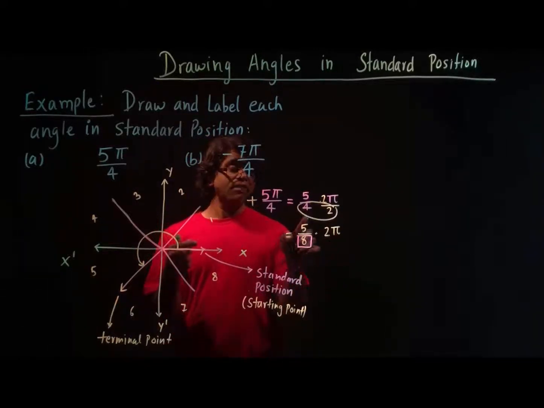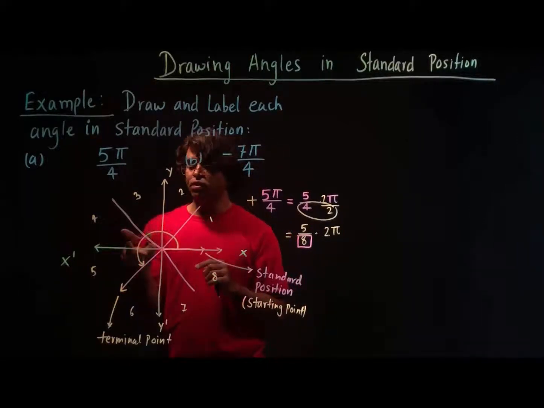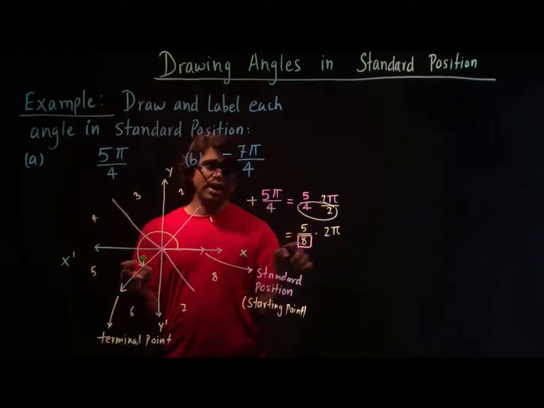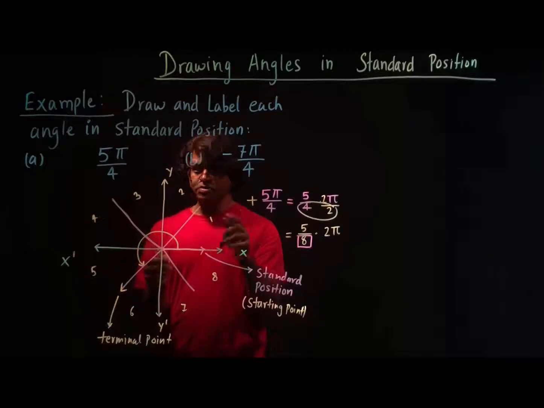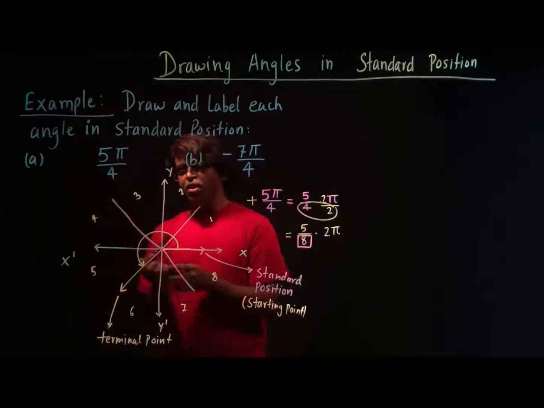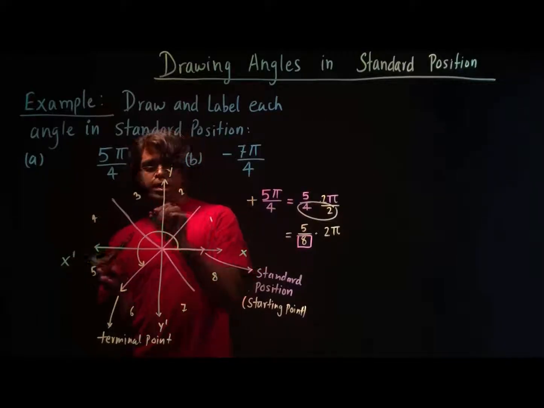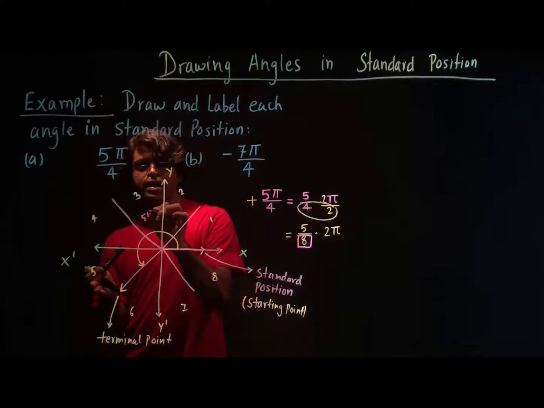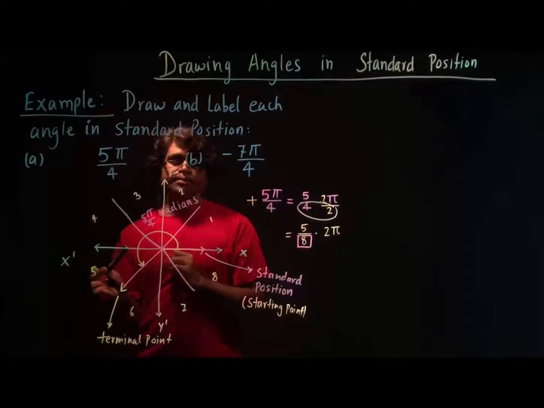This is the angle in the counterclockwise direction because my angle is positive, and the value of this angle is 5 pi over 4 radian.